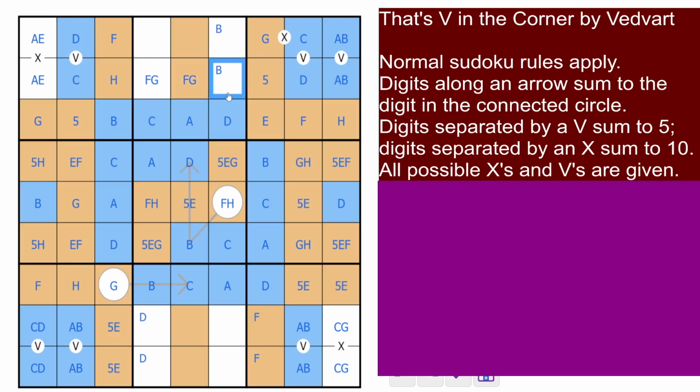What's that thing? That's ABE, right? Yeah, that's ABE, but A is already there. So that's B or E. That's it.